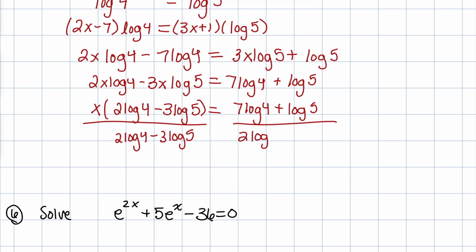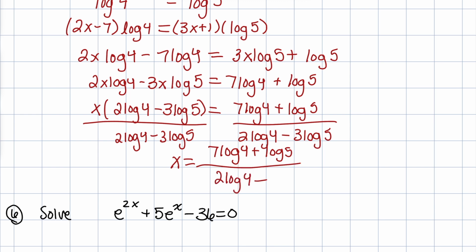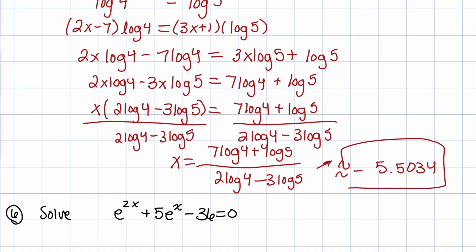And I'm left with x equals 7 log 4 plus log 5 all over 2 log 4 minus 3 log 5. You are left with this mess of logs, but if you were to type this into your calculator, it's approximately negative 5.5034. But again, you could just leave it like this.